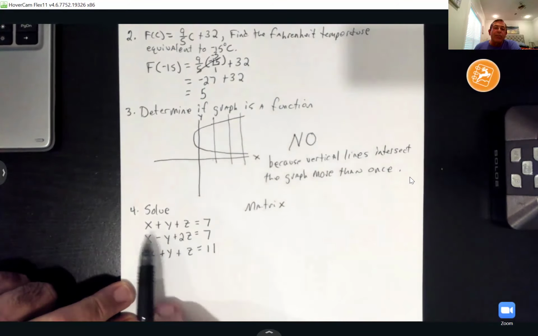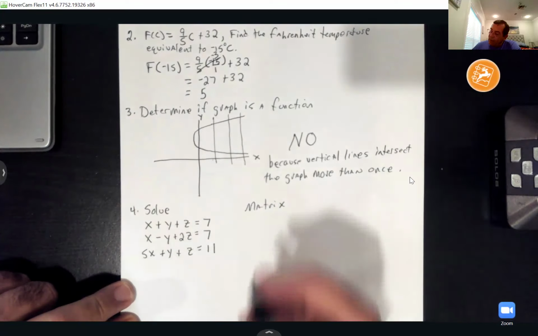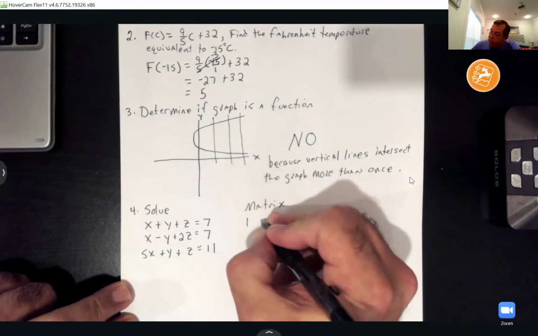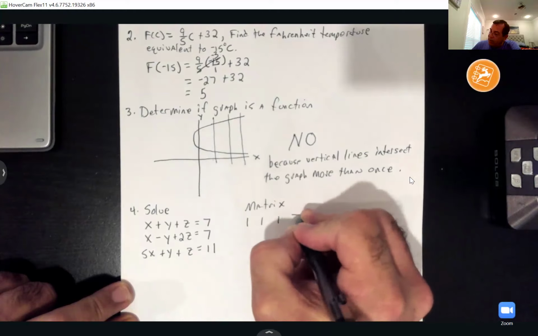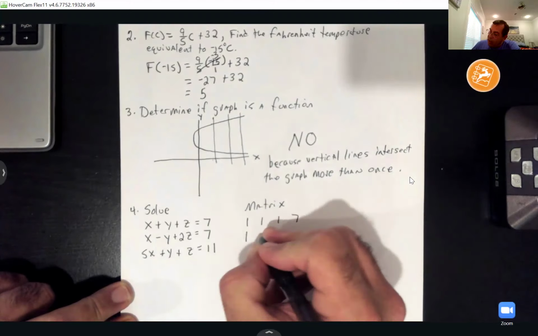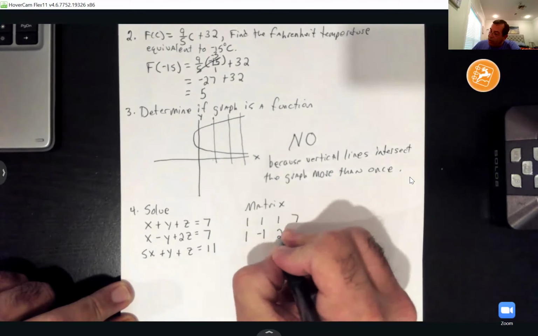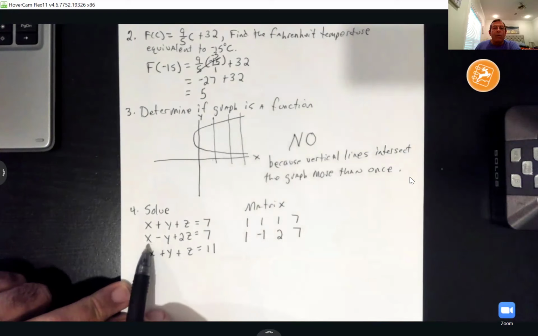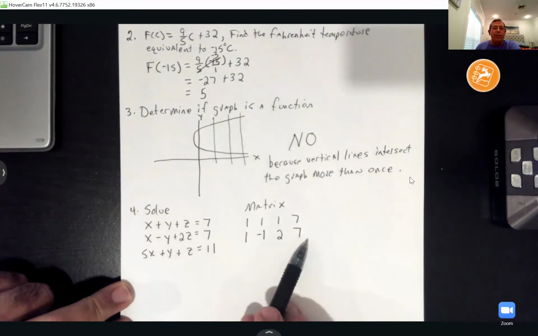So remember, on the matrix, we're just going to put in the numbers. So we would put in a 1, 1, 1, 7: 1x, 1y, 1z equals 7. Then I would have a 1, negative 1, 2, 7: 1x minus 1y plus 2z equals 7.